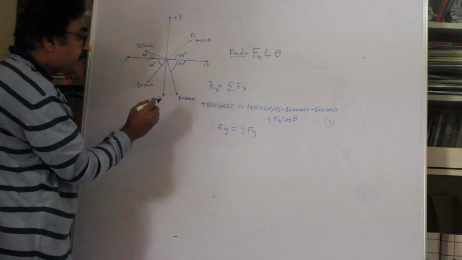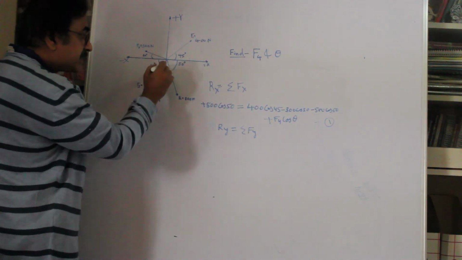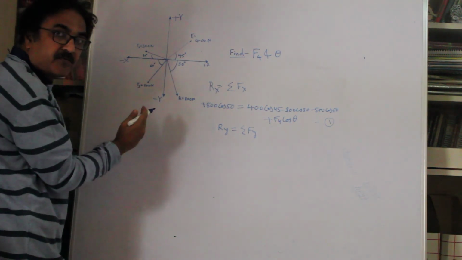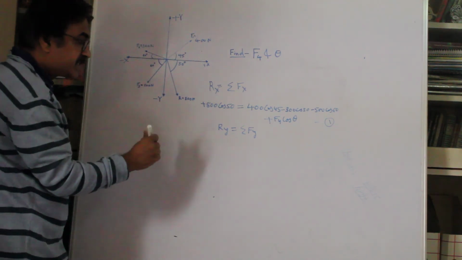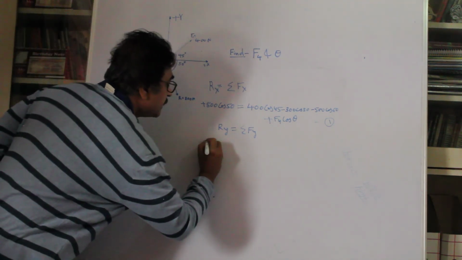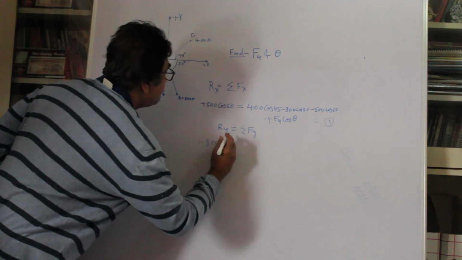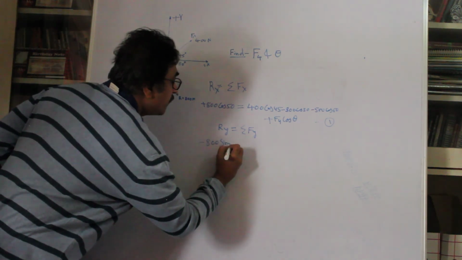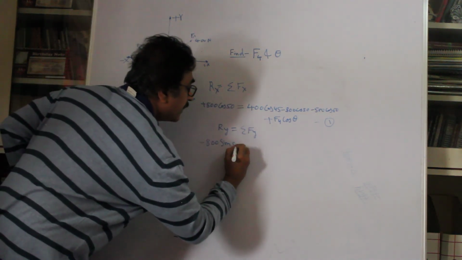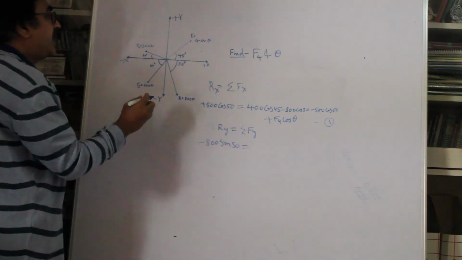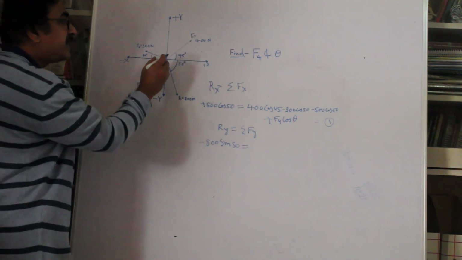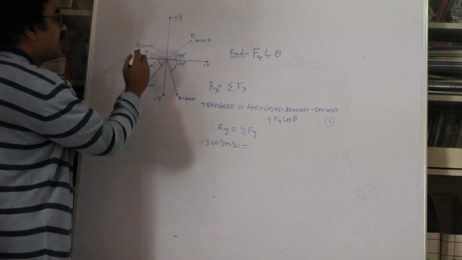It's going to be the vertical component, and this is in the fourth quadrant. The resolution along the vertical axis is going to be downwards. So this is going to be minus 800 sine 50.